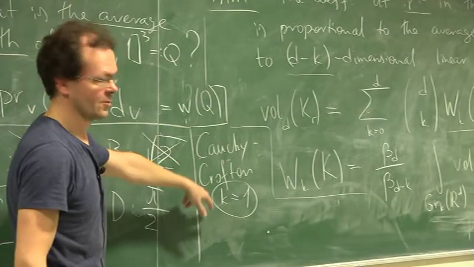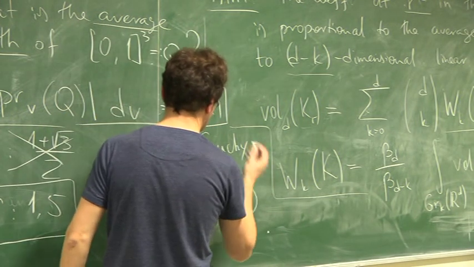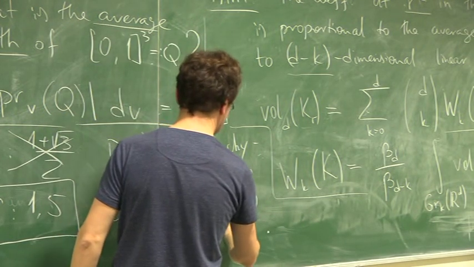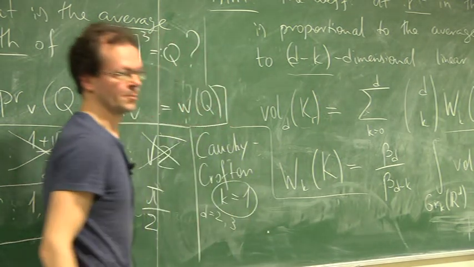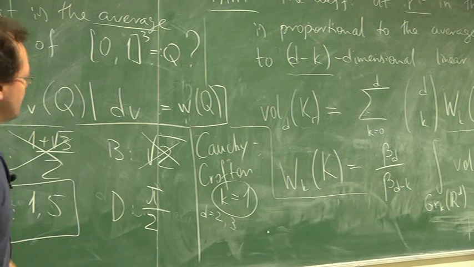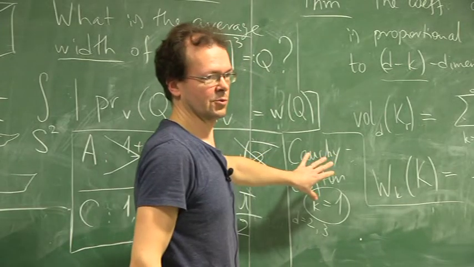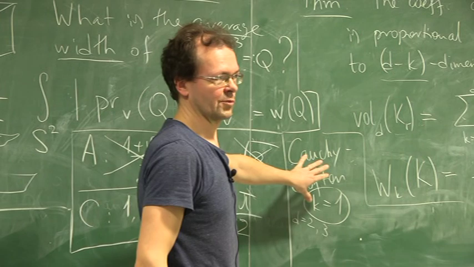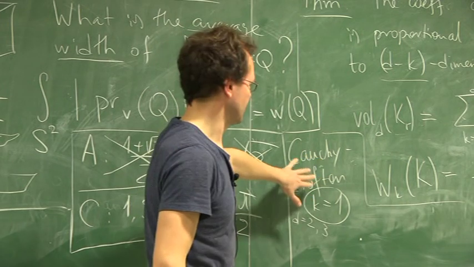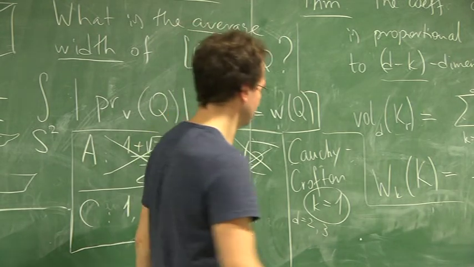What does it say in the case k equal 1? Any dimension: already dimension 2 is interesting, and dimension 3 as well. The proof of the Cauchy-Crofton formula is also very nice. If you try to prove it for polytopes or for just 2-dimensional convex figures, that's really something interesting.